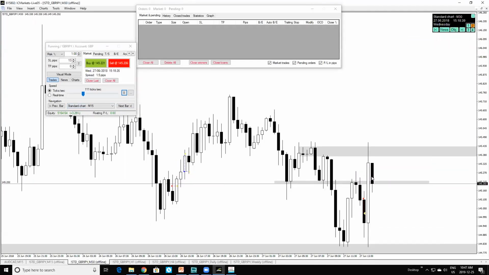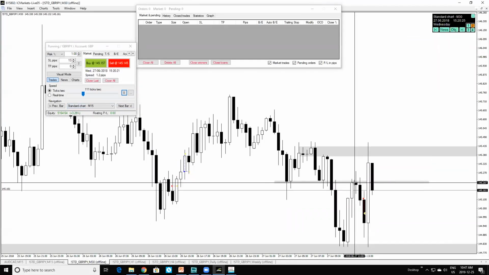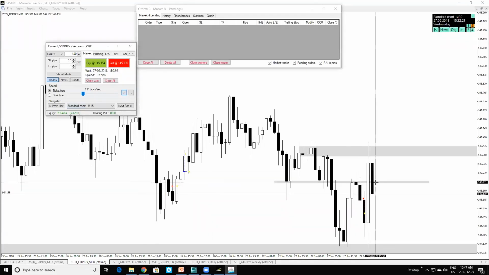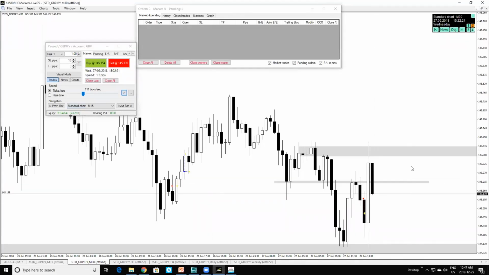Oh, see this? Now the 30-minute candle has closed above 145,200. So now this is a very, very important part in price. Take a look at this. We had support here, support here, resistance here, resistance here. So now this candle broke above.